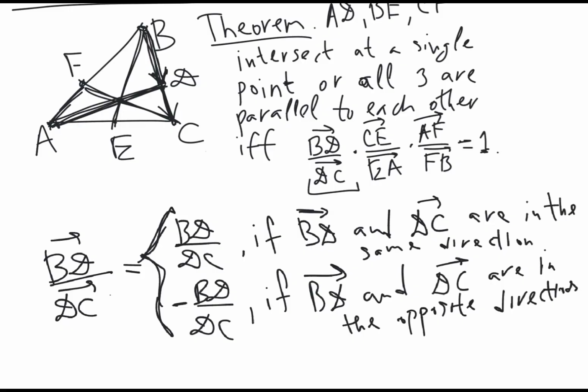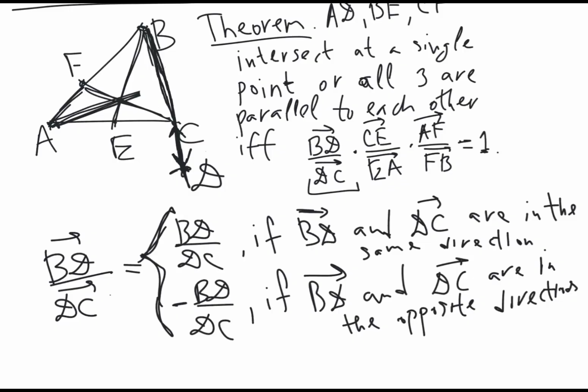the opposite direction can happen when the point D is on the extension of the segment, not on the segment BC itself, but on the extension. So if point D is somewhere here, then we have the vector BD like this and the vector DC like this, so they look in opposite directions.